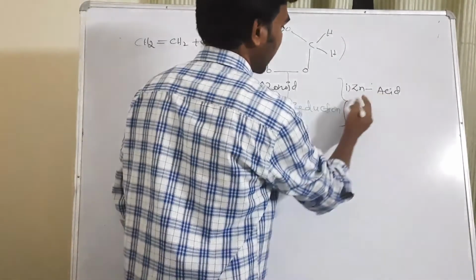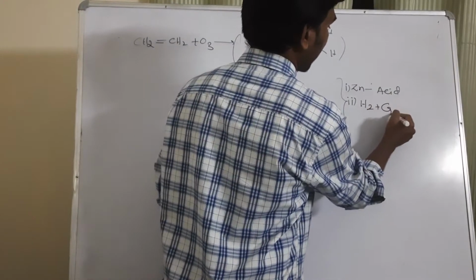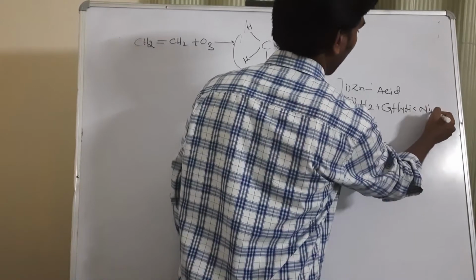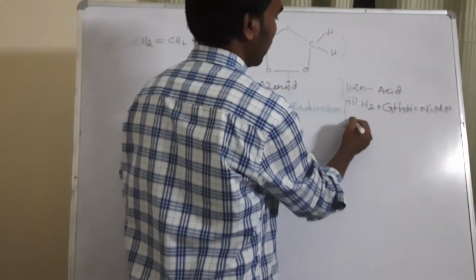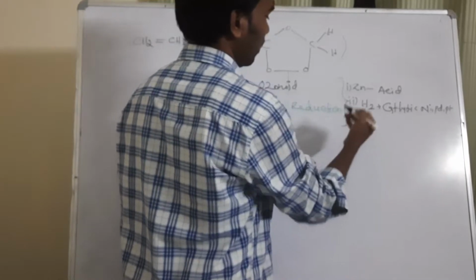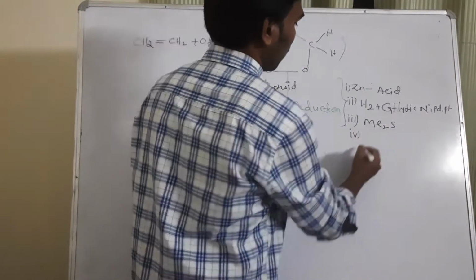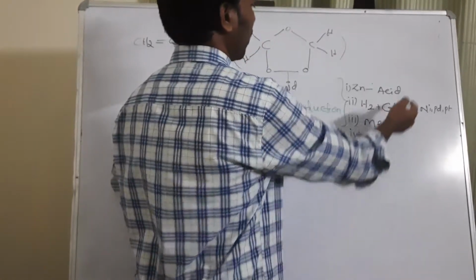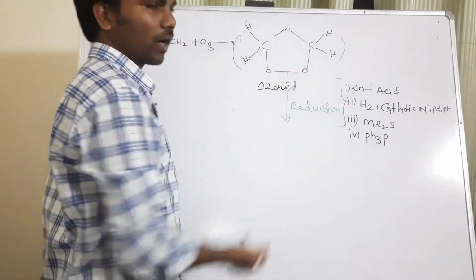The second reducing agent is hydrogen with catalytic nickel, palladium, or platinum. The third one is dimethyl sulfide, and the fourth one is triphenyl phosphine. Among the four, if you use any reducing agent, it is going to give a carbonyl compound.